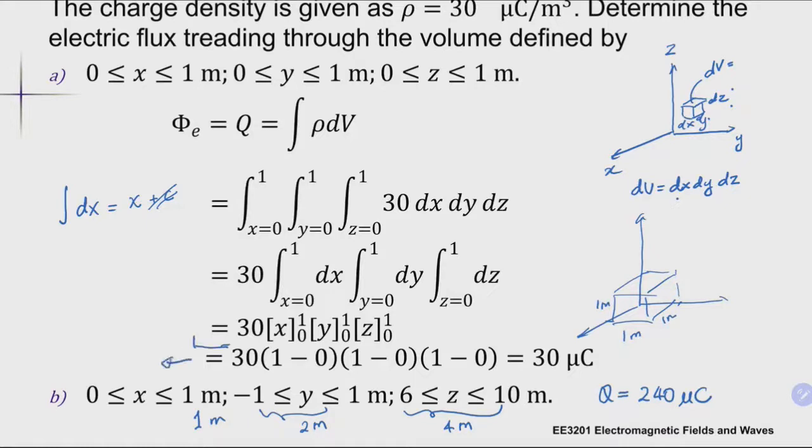And here will be 30. 1 minus 0. 1 minus 1. 10 minus 4. Sorry, 10 minus 6. Okay, you get this is equals to 30 times 1 times 2 times 4. And therefore you get 240 microcoulombs.